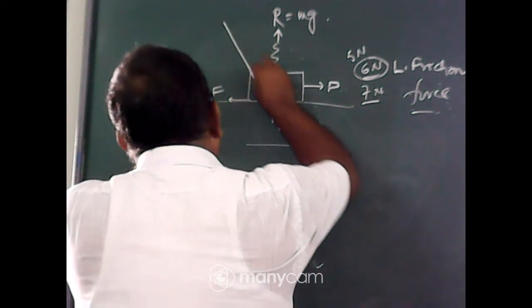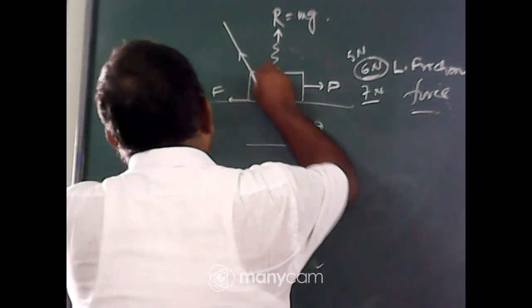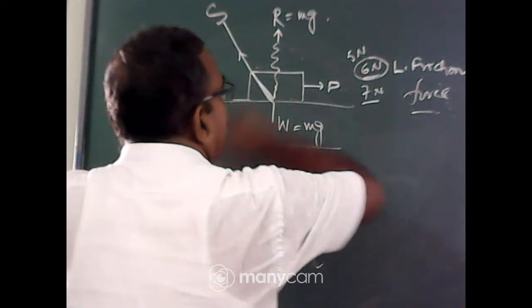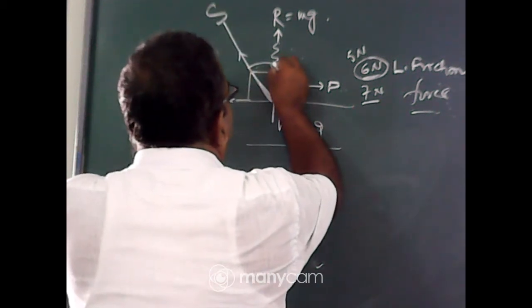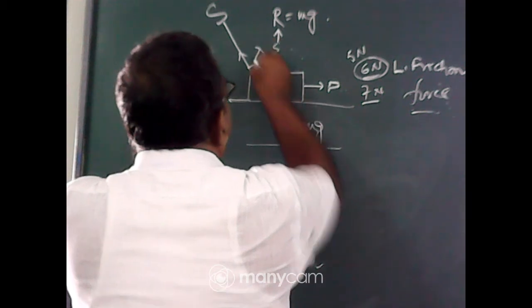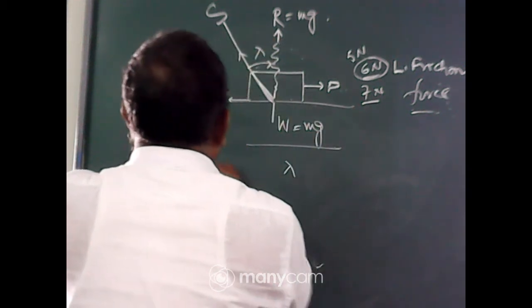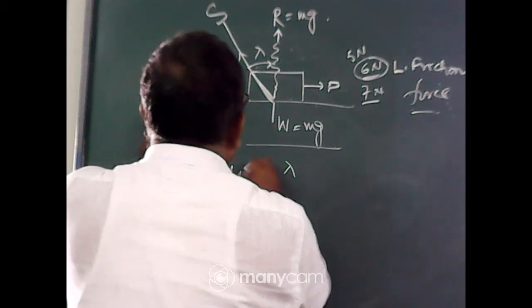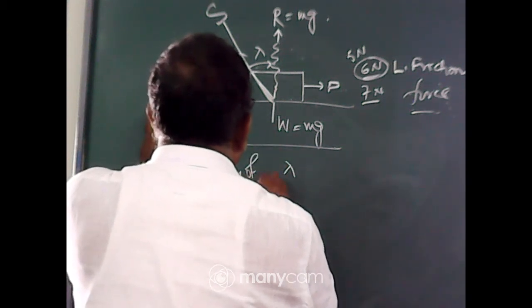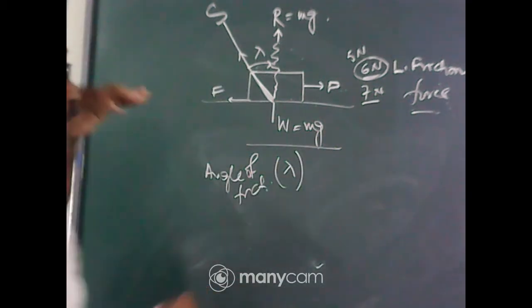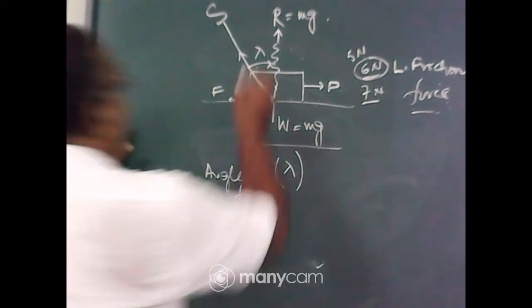The resultant force is this, its direction is this, that is S. The resultant force makes an angle with the reaction force, that is the angle of friction, lambda.